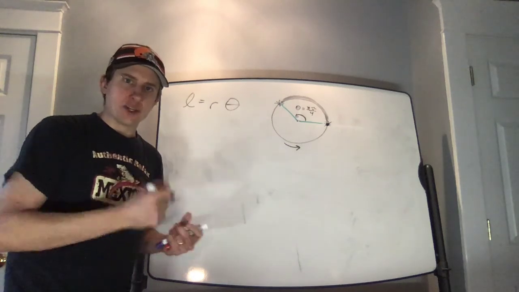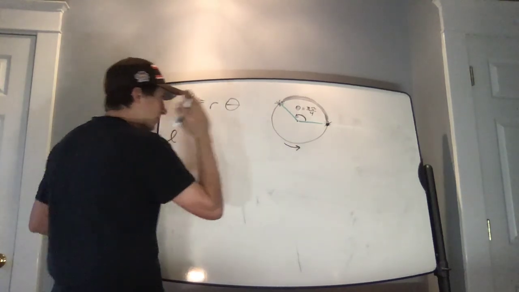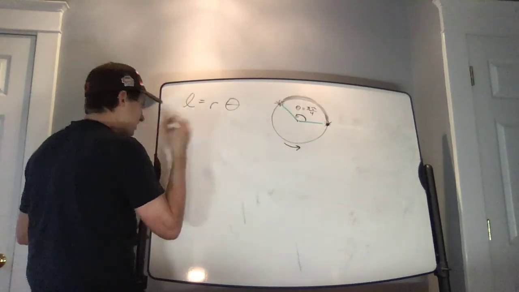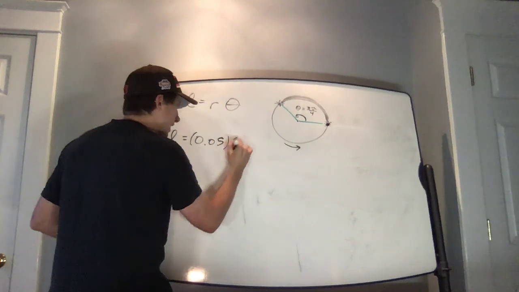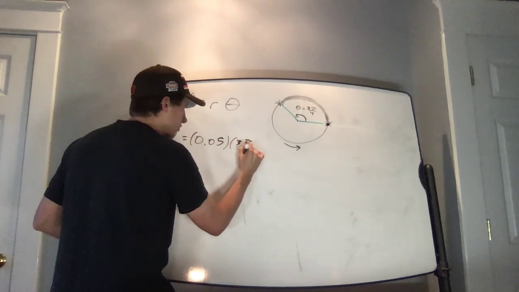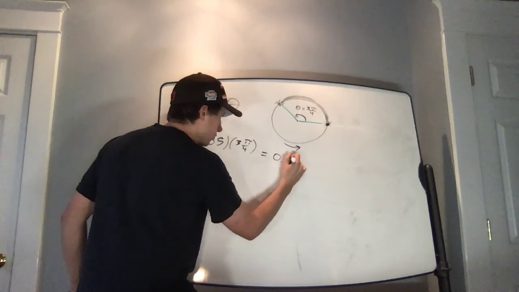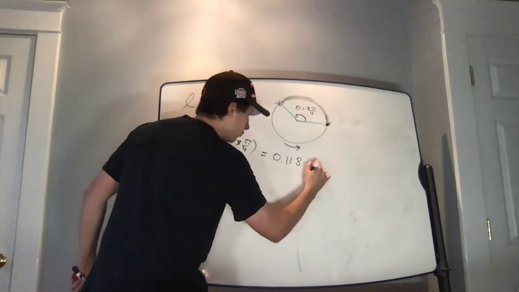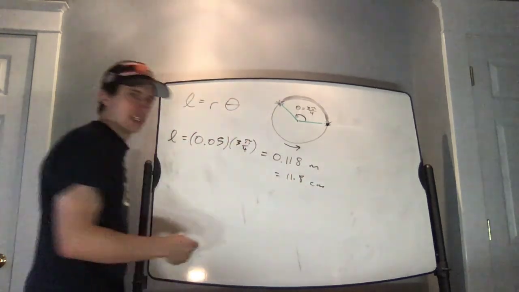We convert centimeters to meters. And therefore, I could say the length of the path that the insect travels is given by 0.05 meter times 3 pi over 4 radians. And I find that is equal to 0.118 meter, which is equal to 11.8 centimeters, depending on how I want to convert it.